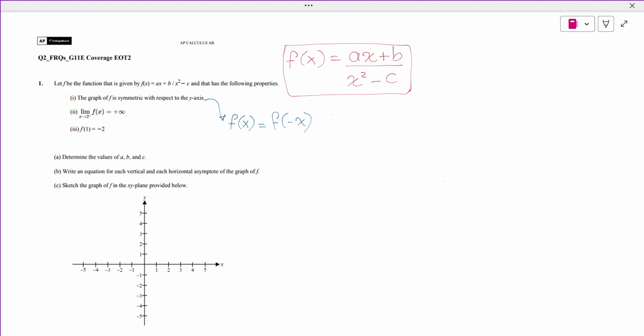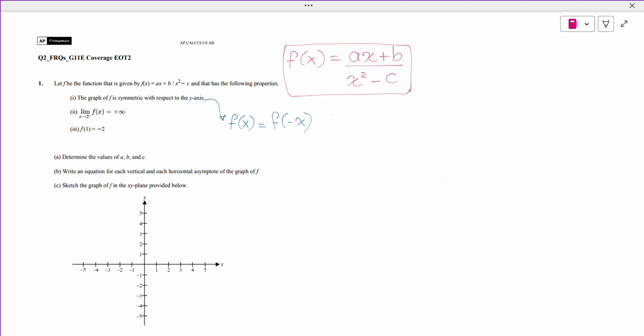For example, f of 3 has to be the same as f of minus 3, because it's symmetric with respect to the y-axis. This is the y-axis. So anything on the left should be the same as the right. So the expression symmetric with respect to the y-axis means that f of x equals f of minus x. Okay, how can this help?